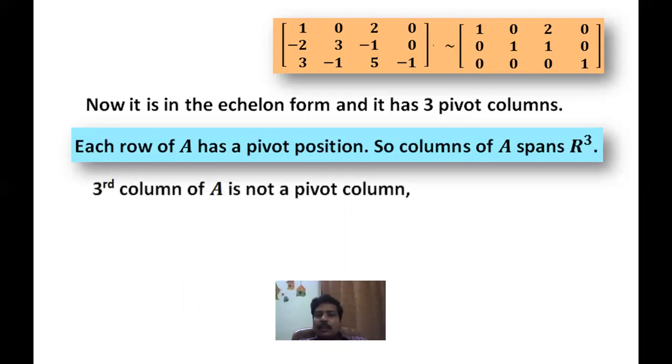But third column of A, this one, does not contain pivot position, so it is not a pivot column. When it is a non-pivot column, it can be represented as a linear combination of preceding columns.